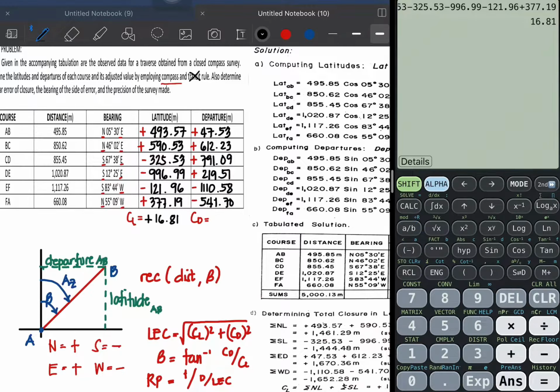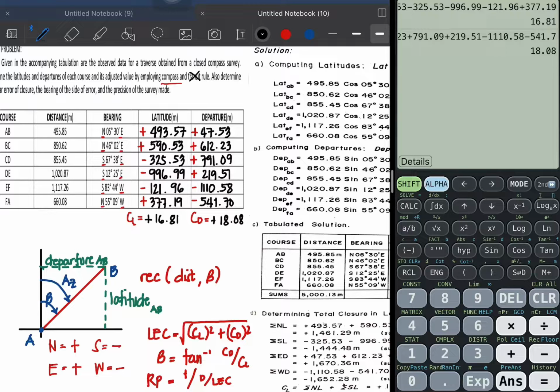And then for the departure, you have positive 47.53 plus 612.23 plus 791.09 plus 219.51 minus 1110.58 minus 541.7. So that is positive 18.08.